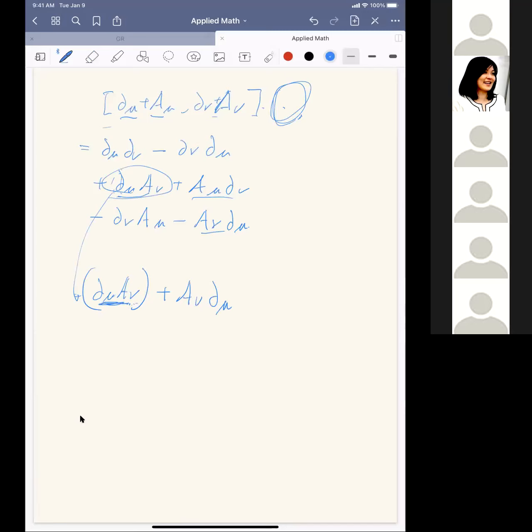So this term becomes 2 different terms, and this extra term will cancel the term here. Similarly for this guy, you're going to have partial nu a mu, and then minus a mu partial nu, and this term will cancel with this guy. Okay? Thank you, Professor.